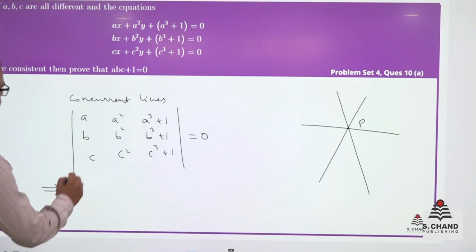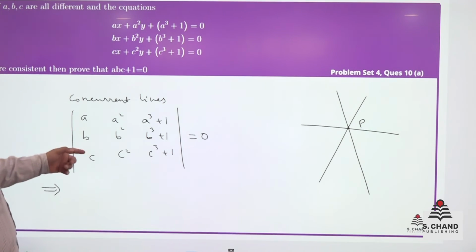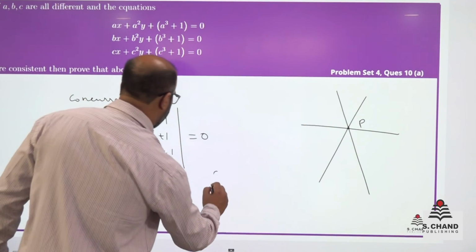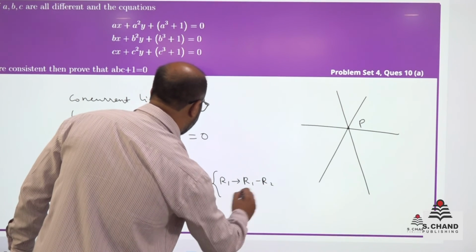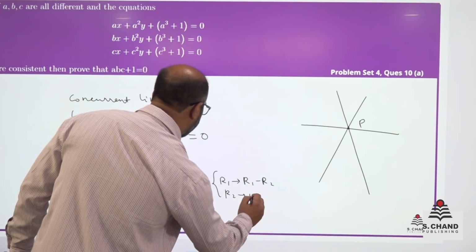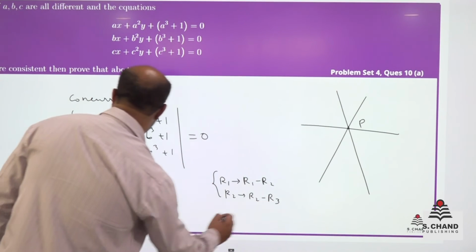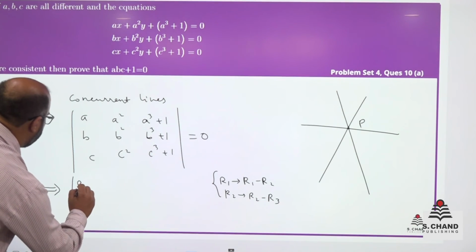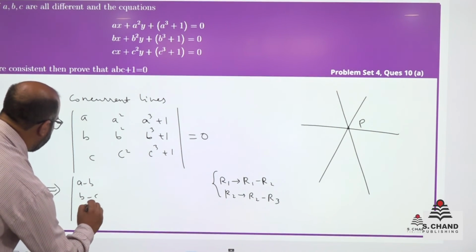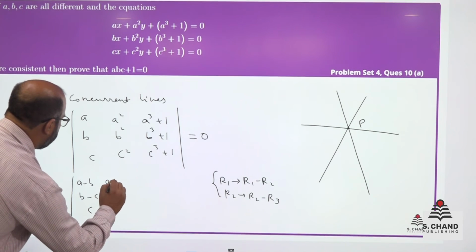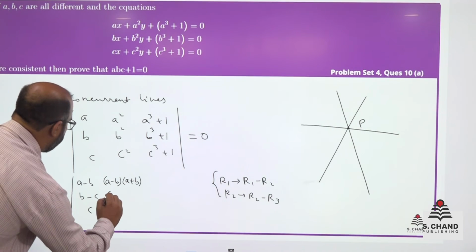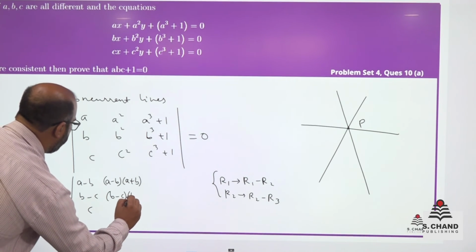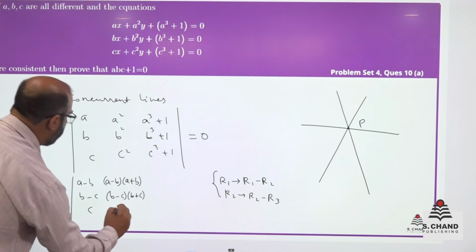So from here, let us take row operation. So R1 is R1 minus R2. R2 is R2 minus R3. So this will become A minus B. This will become B minus C. C. This is A minus B into A plus B. This is B minus C into B plus C. This is C square.